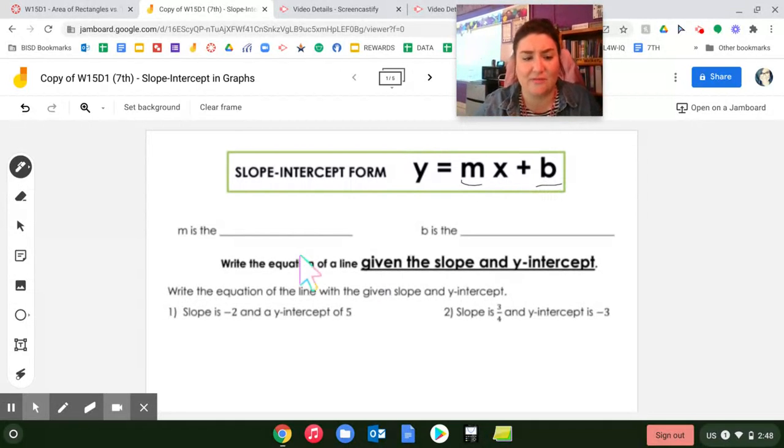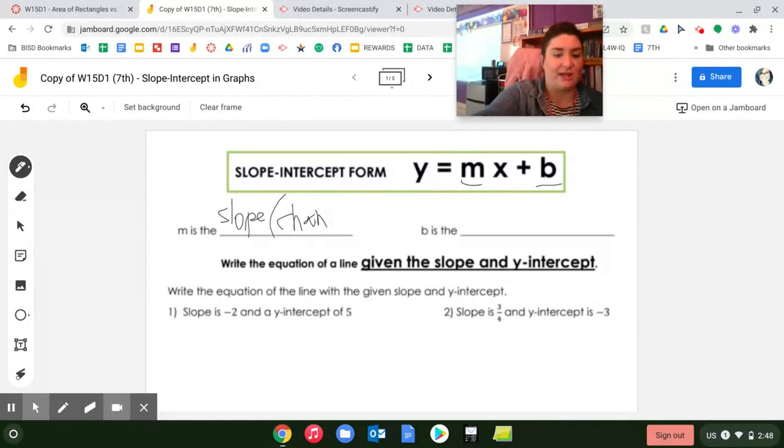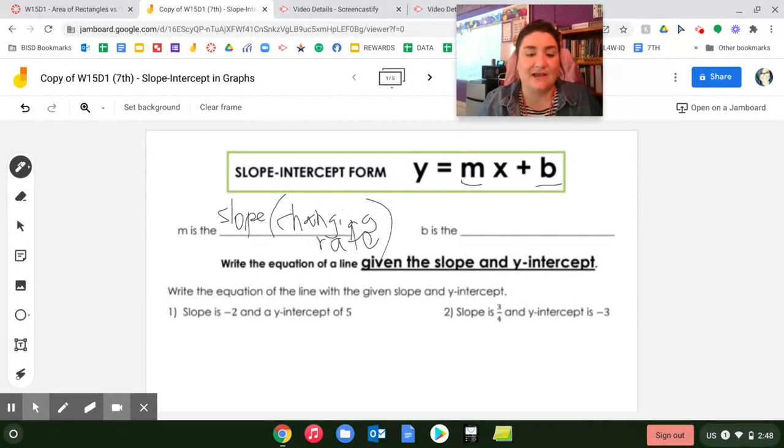M is your slope, and that is the changing rate. For example, the changing rate in the haircutting problem was $16. It cost $16 for every haircut. So that was the rate that was changing throughout the problem. Every haircut, as it goes on the graph, your profit is going up.